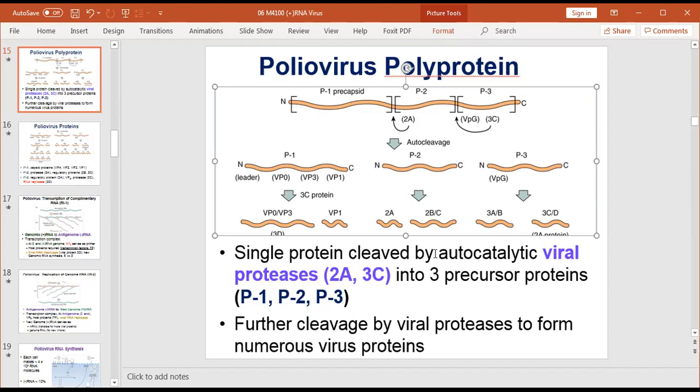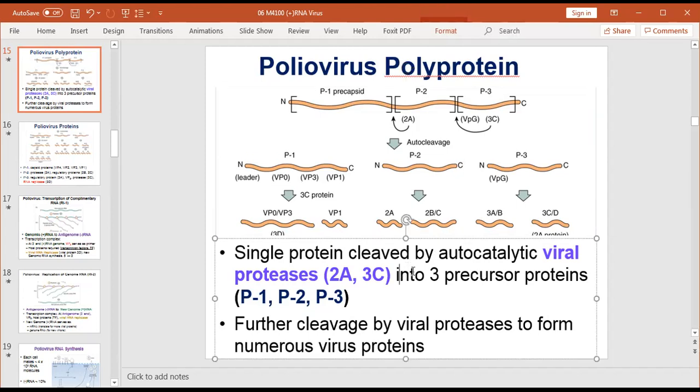will be chopped off into three precursor proteins. The process of chopping off is accomplished by autocatalytic action of viral proteases. So it can happen by itself. It does not require any extra stimuli or signal or any other machinery.